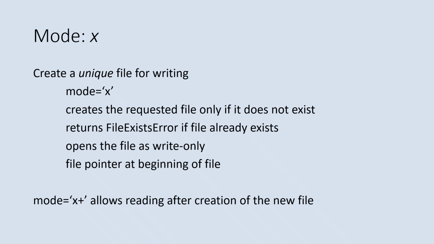But mode X is specifically for the purpose of, it's really a variation of mode W, but it only opens the file if it can create a brand new file. There does not already exist a file with that name in that specific location.